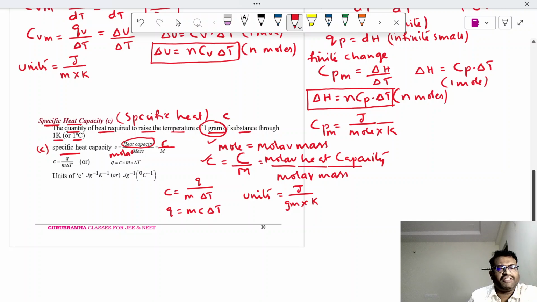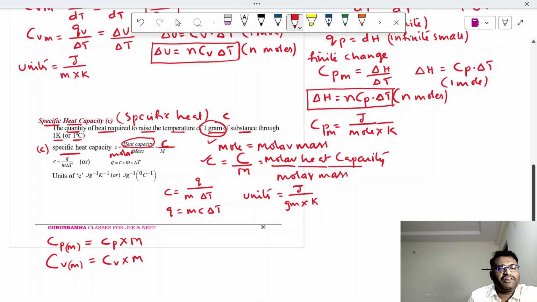So molar heat capacity at constant pressure, Cpm, is equal to specific heat capacity at constant pressure into molar mass.